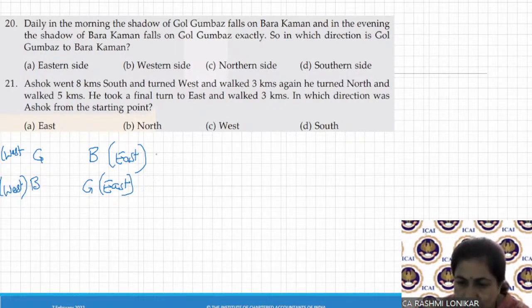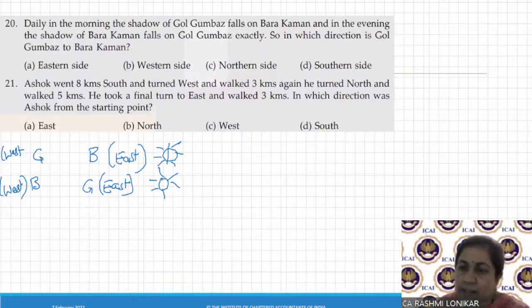So my sun is here. So the shadow of Gol Gumbaz falls on Bara Kaman, so that is why this was the correct one. This is not. Why? Because the sun is over here, it will fall on the Gol Gumbaz and the shadow will fall here.